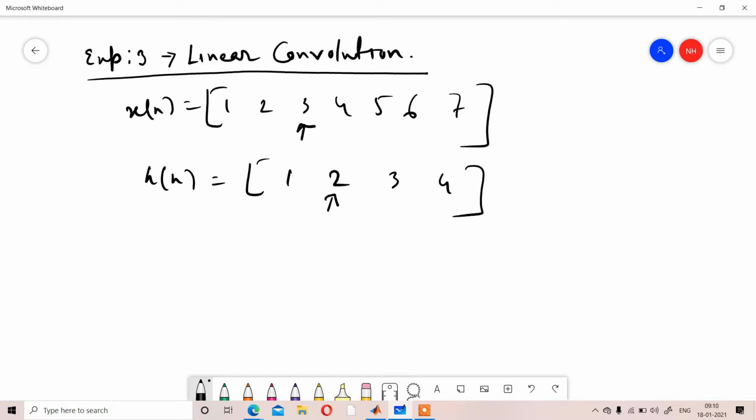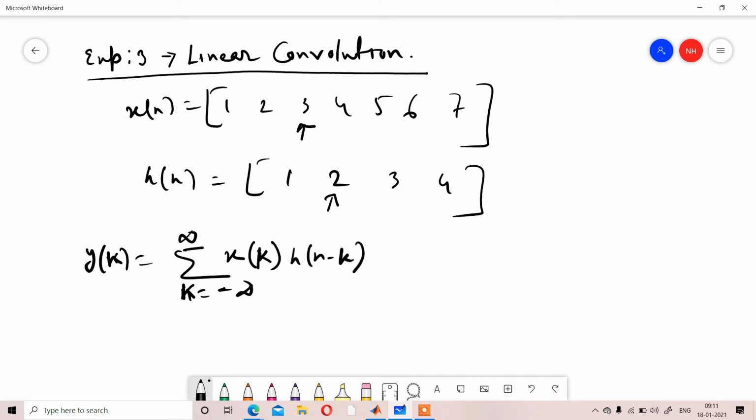The basic formula to calculate the linear convolution is that yn will be the output, the summation over k equal to minus infinity to infinity of xk times h n minus k. That is the formula to calculate the linear convolution.